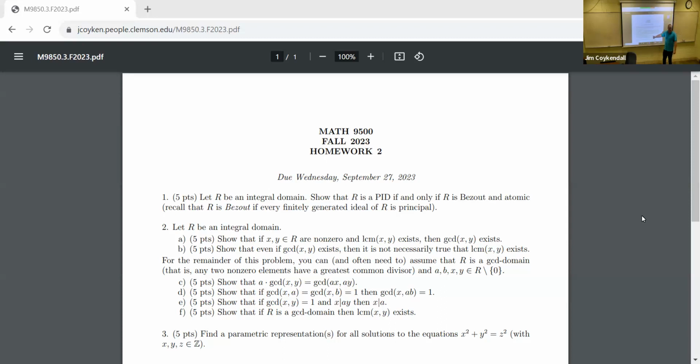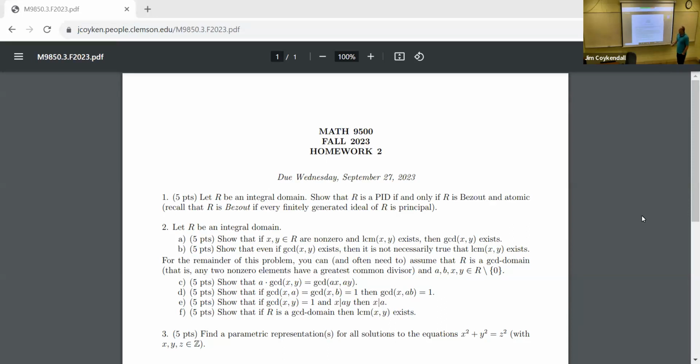What do I mean by that? When I say the GCD is 1, that means their only common divisors are units. You do need a GCD domain for this, because if you're not in a GCD domain, it is possible for two things to have GCD 1 and then their product picks up a factor. Show that if the GCD of x and y is 1, and x divides ay, then x must divide a.